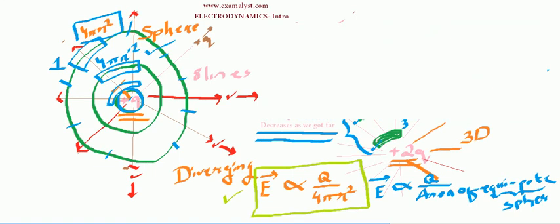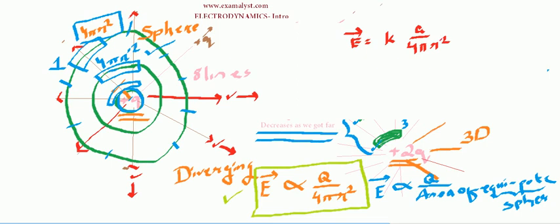If I write this formula as E equals, so this is a vector. I'll tell you why it's a vector: it's a force, so it's a vector. Some constant k into q divided by 4 pi r square.